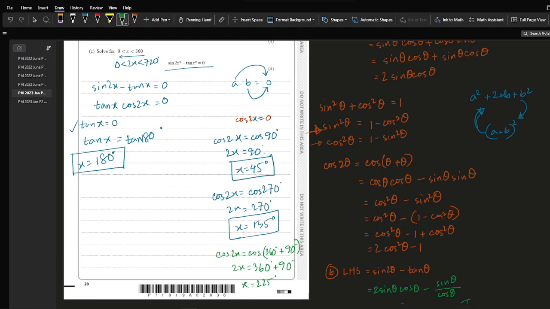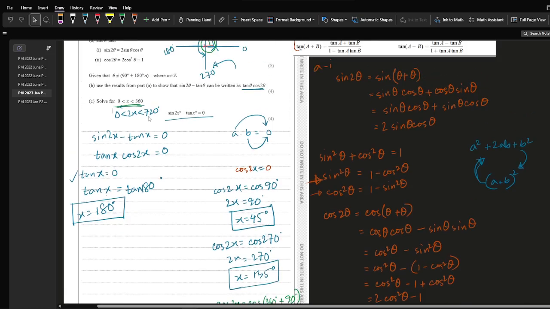You constantly have to check if this value is within this range or not. Even though you know it will be, it's good to check. Also when you see 45, 135, since I got two values before 180, maybe there might be another one. So it's good to always check the range.